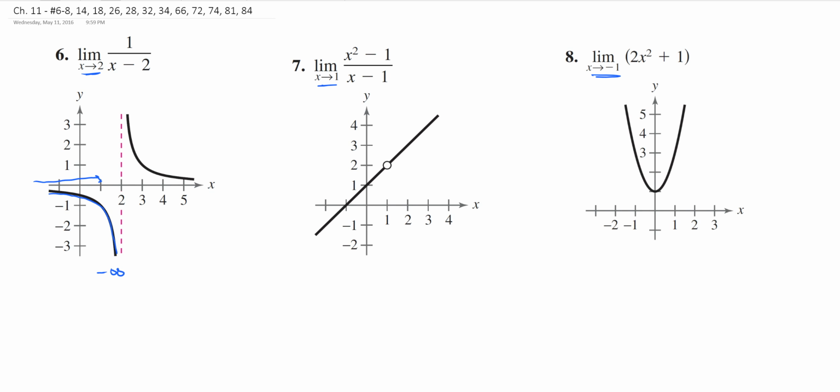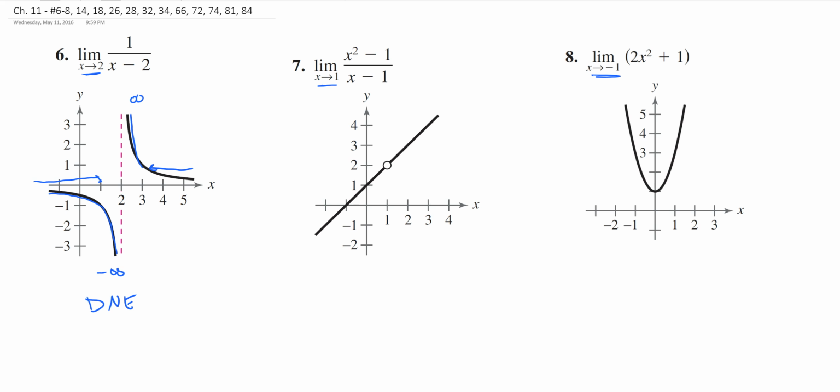As I look at the right side of my graph getting closer to positive 2, my graph is going up towards positive infinity. Since the limit from the left and the limit from the right are two different values, we can say that the limit does not exist.